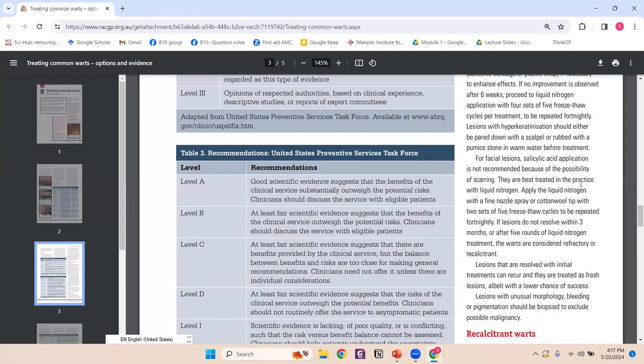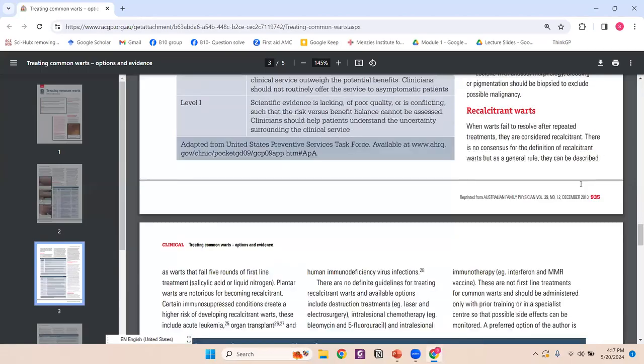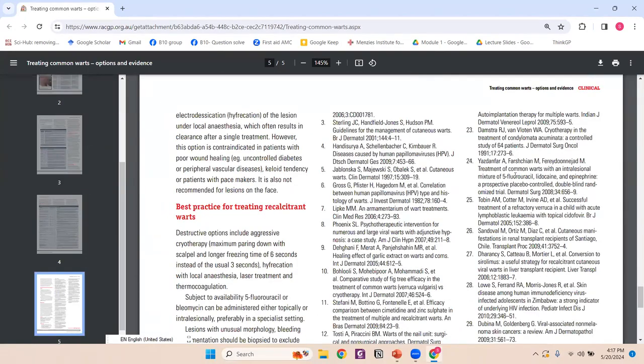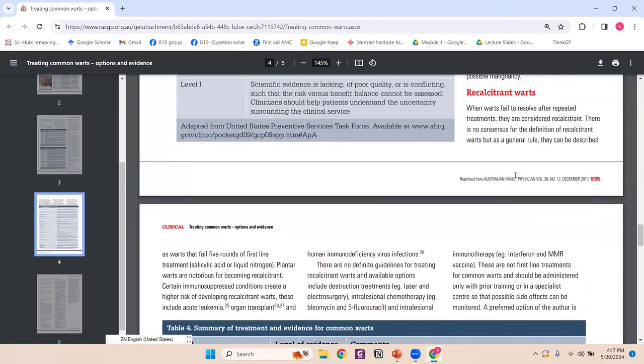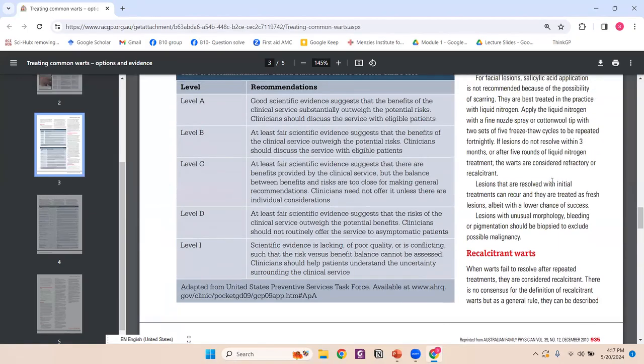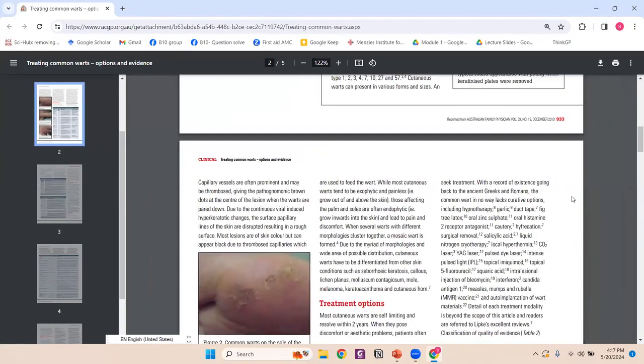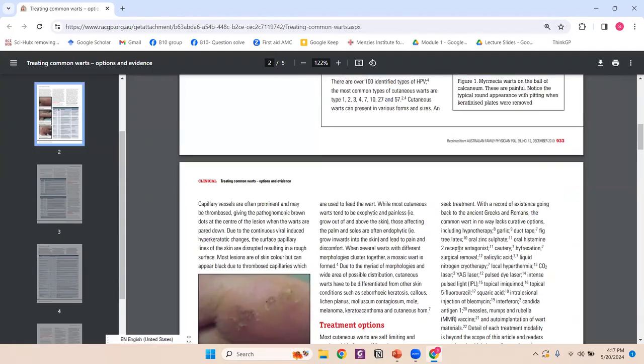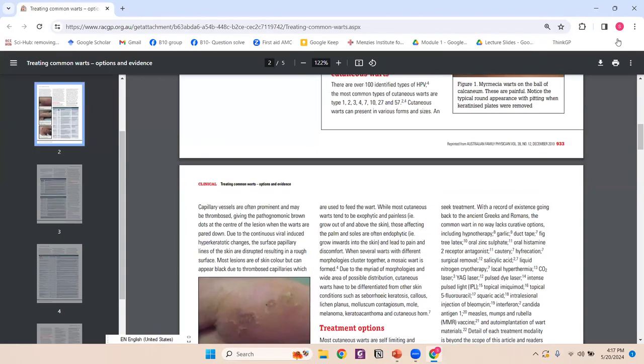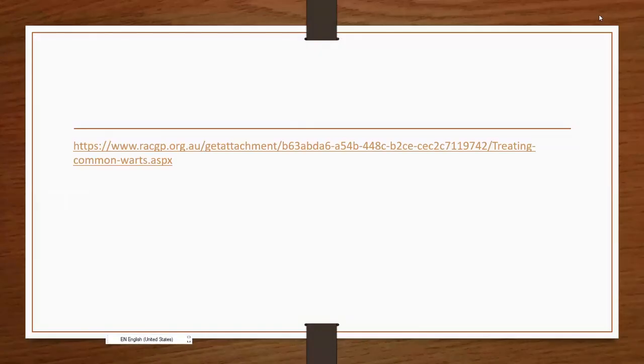If it is not responding, or if it is very serious, we go with other treatment modalities, which would be your liquid nitrogen, cryotherapy, laser therapy, and other therapies, but that is not the initial treatment for these warts. Initially, it would be salicylic acid local application.